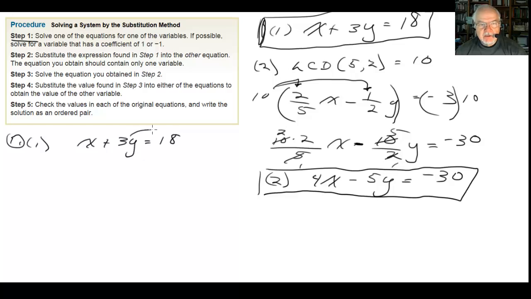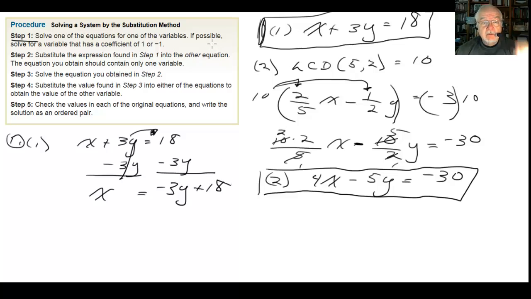Solving for x just means getting this guy to go over here. Easy to do. Subtract 3y, subtract 3y. I get x equals minus 3y plus 18.